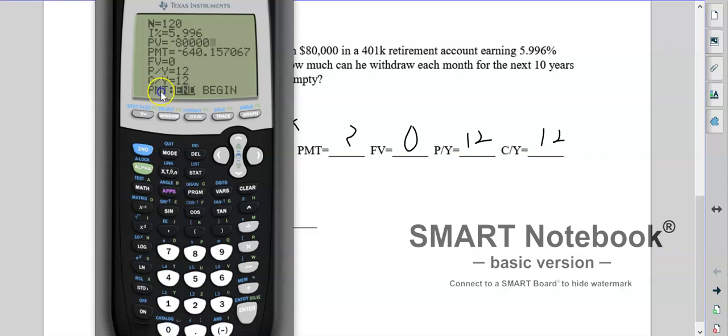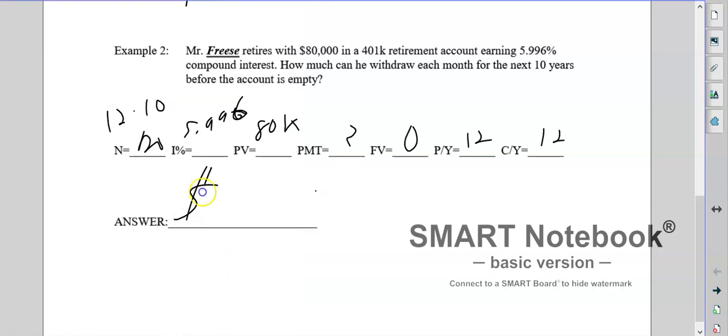Payment, we don't know. Future value 0. P/Y and C/Y are still monthly, so we're going to do alpha solve right here. And we get $888 even. Okay, you want to put this, that's fine, but otherwise $888 even. And that's it for lesson 5.